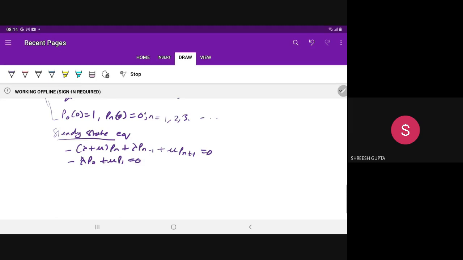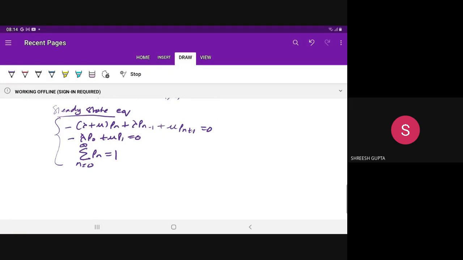And for the steady state, we have the normalizing condition, summation of pn, n is equal to 0 to infinity, is equal to 1. So you can solve this system of linear equations independently to get the result whatever we have derived through the birth and death process.